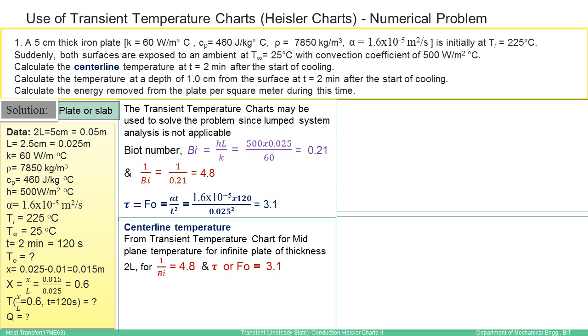So we'll use this 1 by Biot number 4.8 and Fourier number 3.1 and obtain the corresponding value of theta naught divided by theta i, that is T naught minus T infinity divided by Ti minus T infinity, from the y coordinate of the chart, that is equal to 0.58.